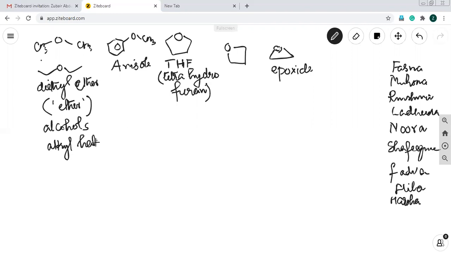So, you combine these two. First, you convert the alcohol in the presence of sodium hydroxide or sodium. You will get ethers.